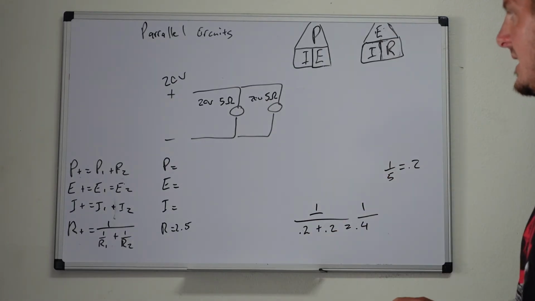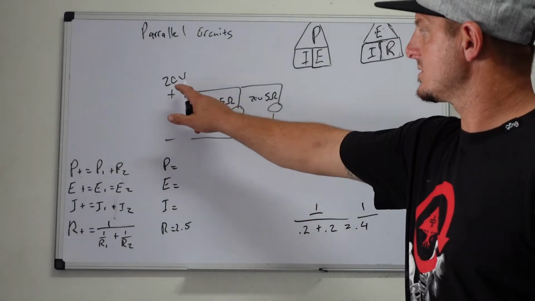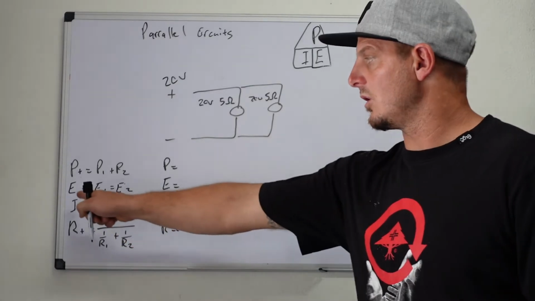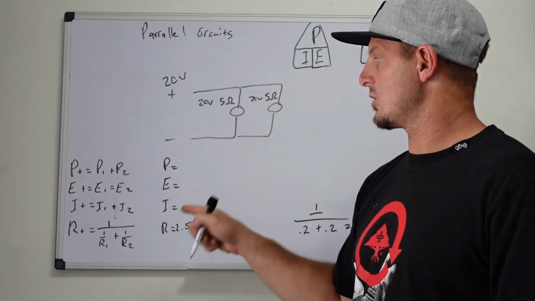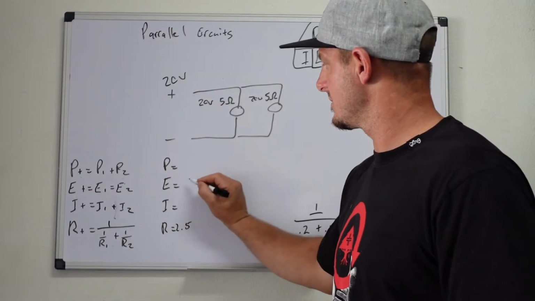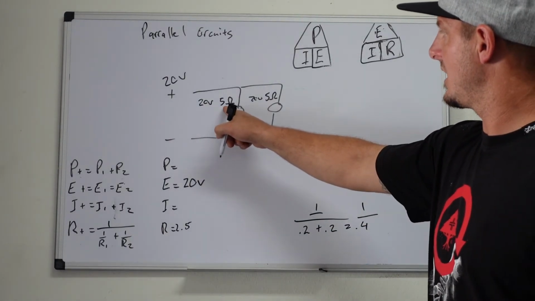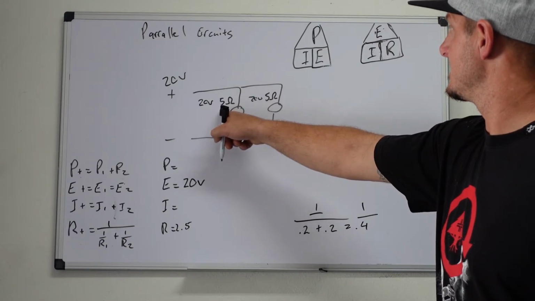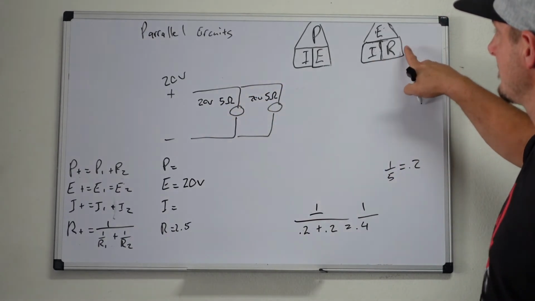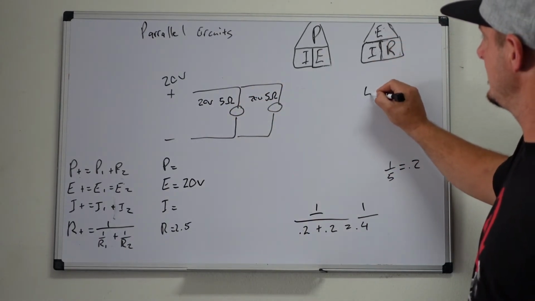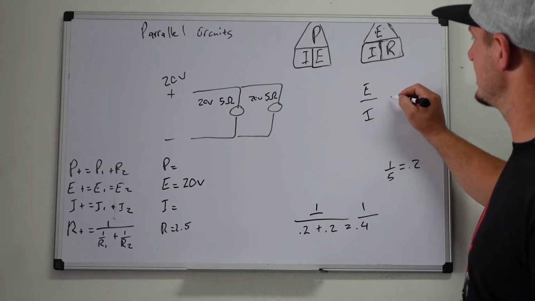Now, we know that voltage is the same across. So if it's 20 volts here, it's going to be 20 volts at the total. Now, we have voltage and resistance. If we want resistance, we cover that and we get E divided by I equals resistance, right?